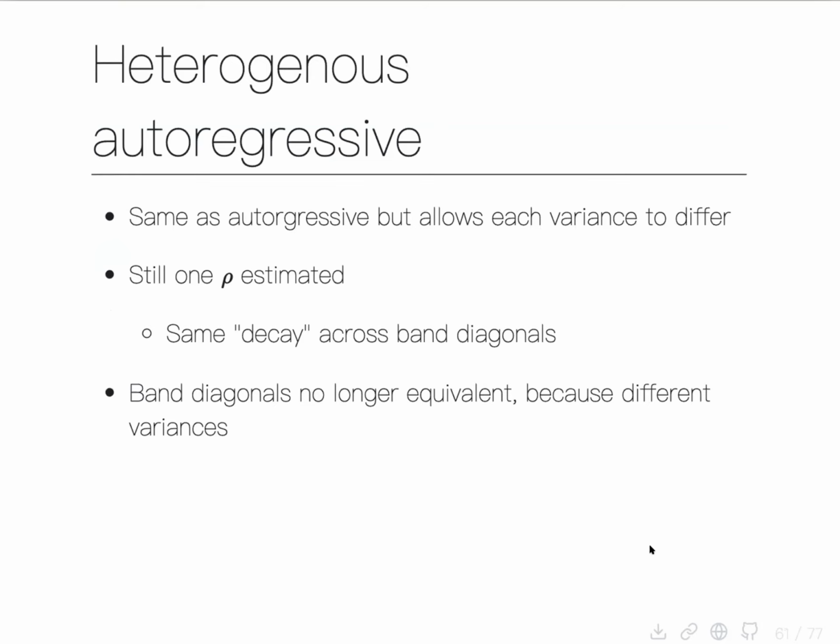All right. Another structure that we can do is called heterogeneous autoregressive. It's going to be the same as an autoregressive structure, just like we had a minute ago, except rather than estimating one variance across time points, we allow separate variances at each time point. We still are only estimating one phi, so that decay is going to be the same, but the band diagonals will no longer be equivalent because of the different variances.